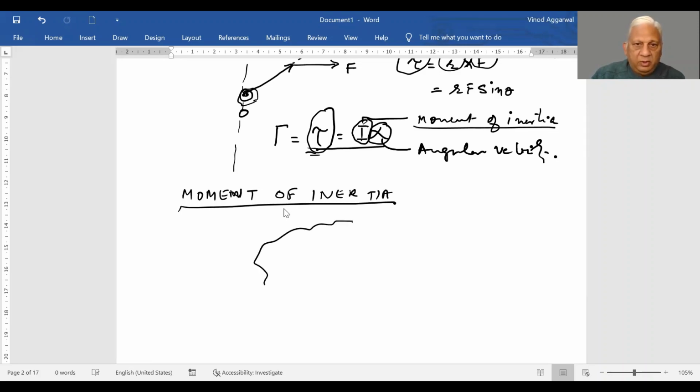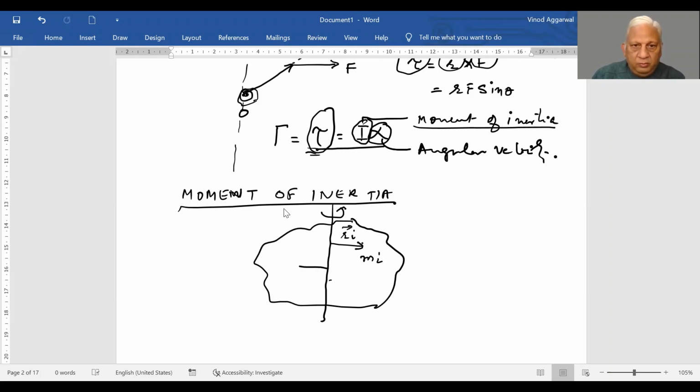Let's take any body. Let this be the axis of rotation. Then we have different particles. Let us say this is one particle with mass M1, and it is at a distance R1 from the axis of rotation.